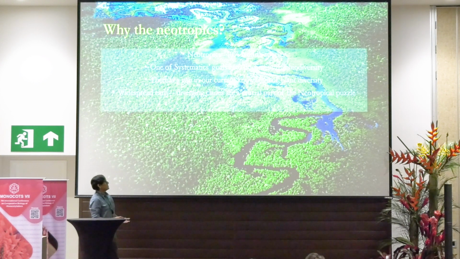And as we heard from Alexander in his wonderful keynote, there are currently several places in the Neotropics that have important knowledge gaps, including many related to the Amazonian and also the Andes.